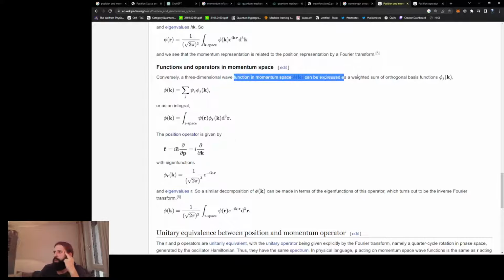In momentum space, there are some orthogonal functions. Why do these eigenfunctions of the momentum operator, okay, so the eigenfunctions of this momentum operator have a momentum component in it.